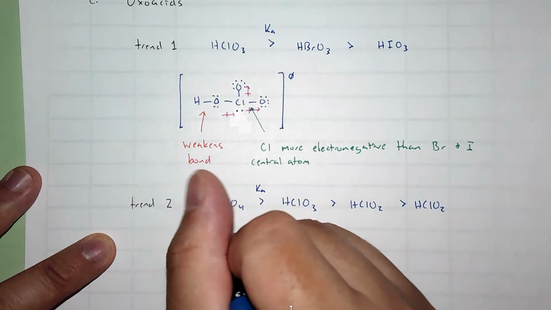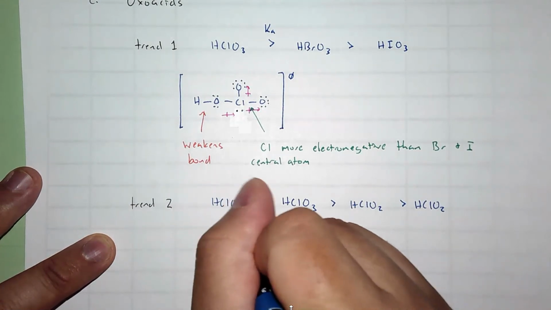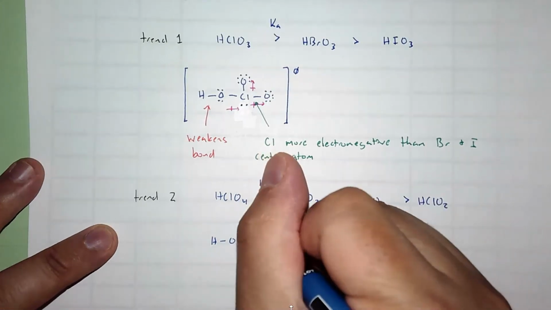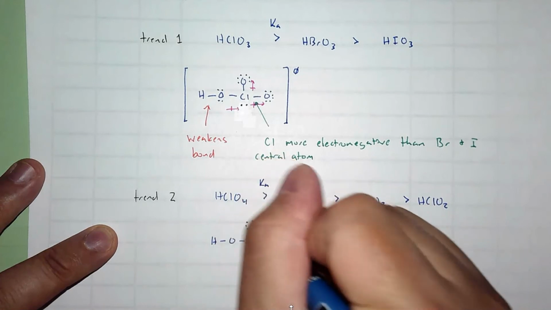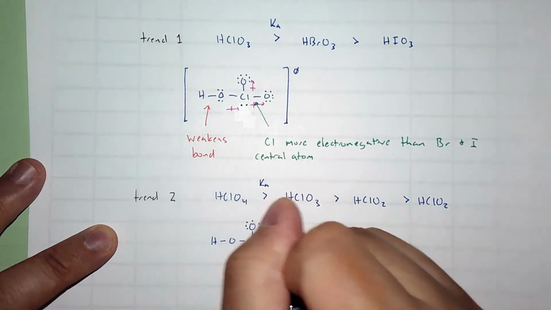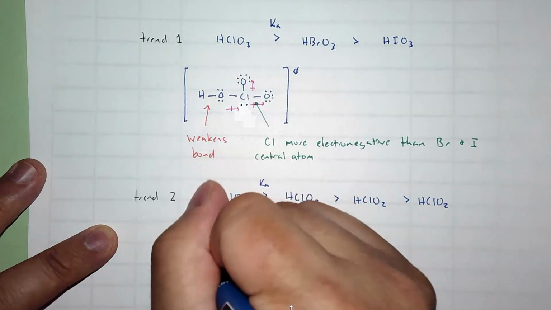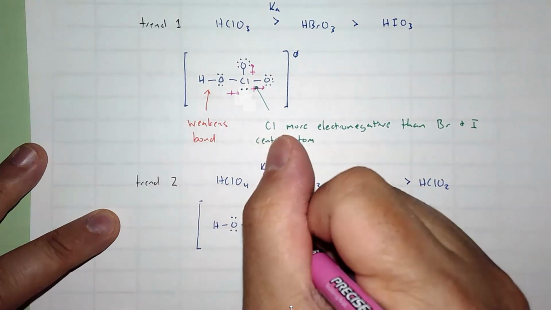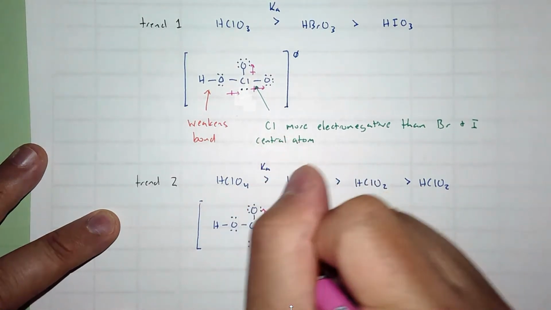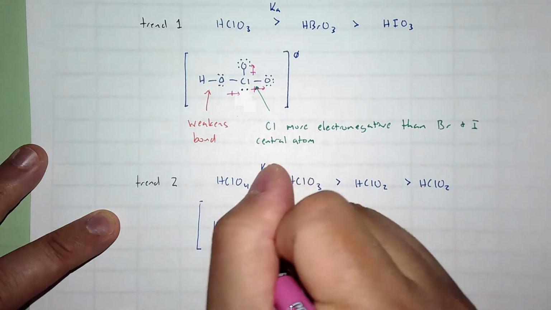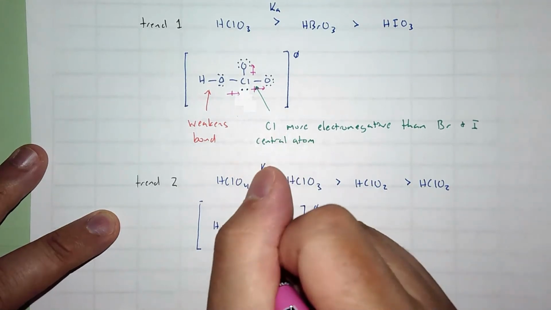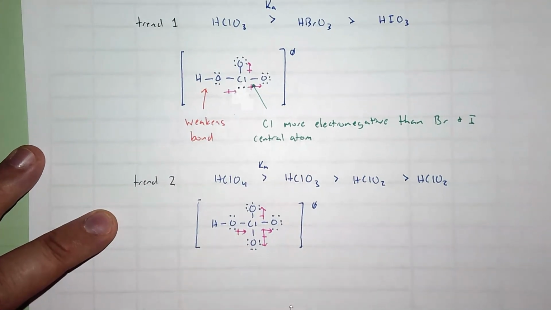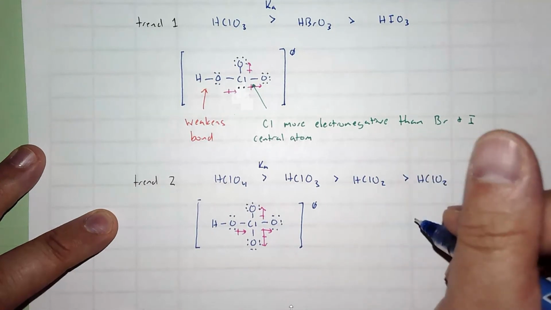So now let's put HClO4. The more oxygens you have, the greater the pull still. So now you have pull here, pull here, pull here, and then chlorine is going to pull also, making this bond weaker, much weaker, than if you had just one oxygen.